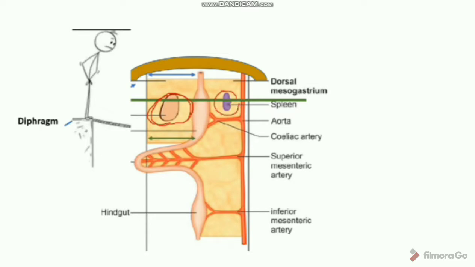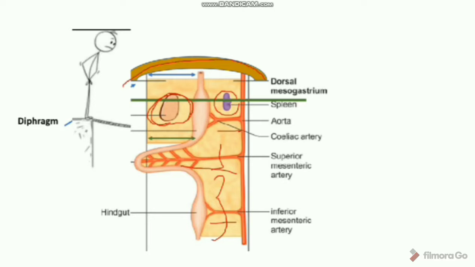And one thing above here is the dome of the diaphragm, and the rest of the gut tube, which is the midgut and the hindgut, has only the posterior attachment, as I told you before, and they're also conveying the blood vessels through them, so they won't get tangled now.